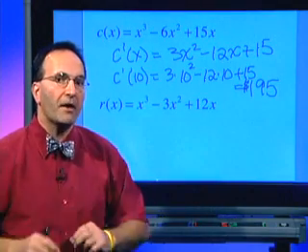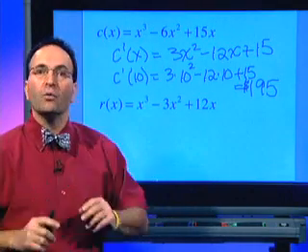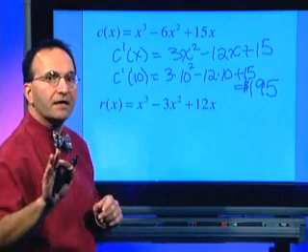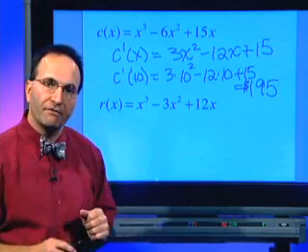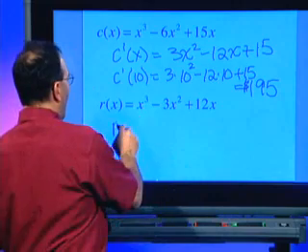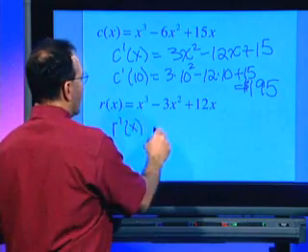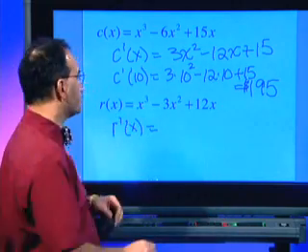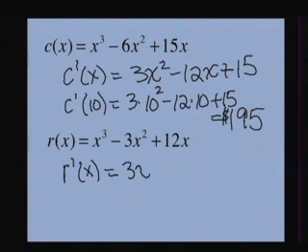Now, what about the revenue? Well, for the revenue, we would have to take the first derivative of the function R of x. So R prime of x is going to equal 3x squared minus 6x plus 12.